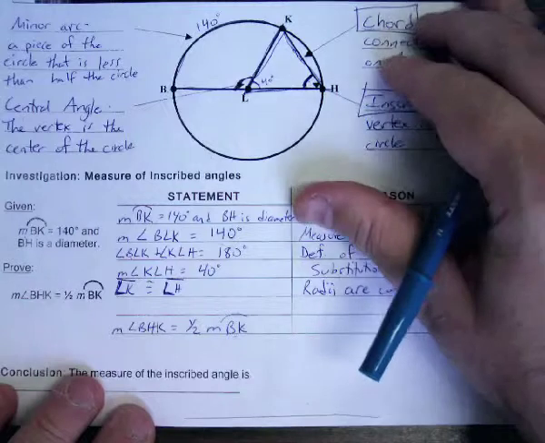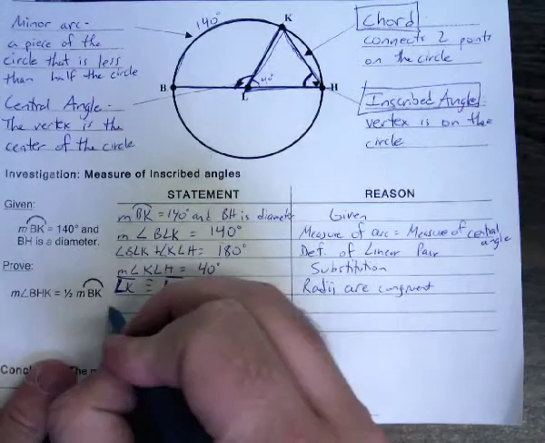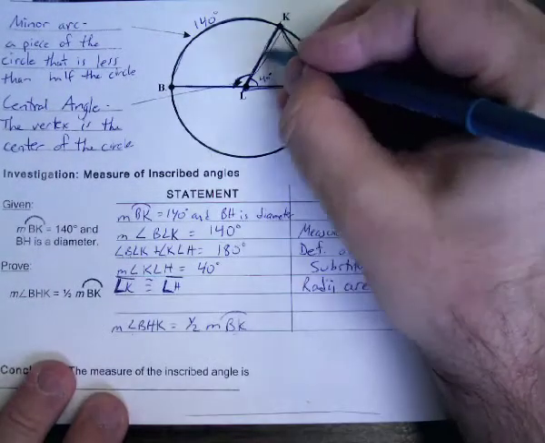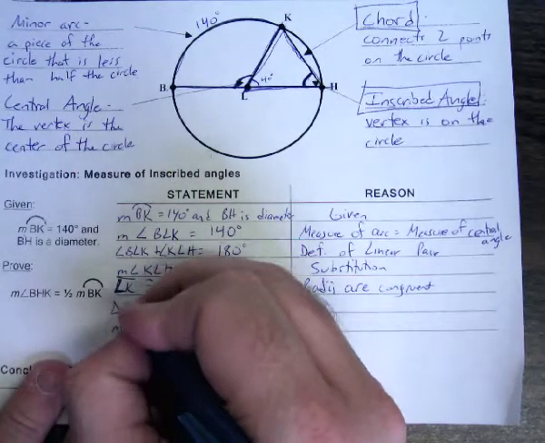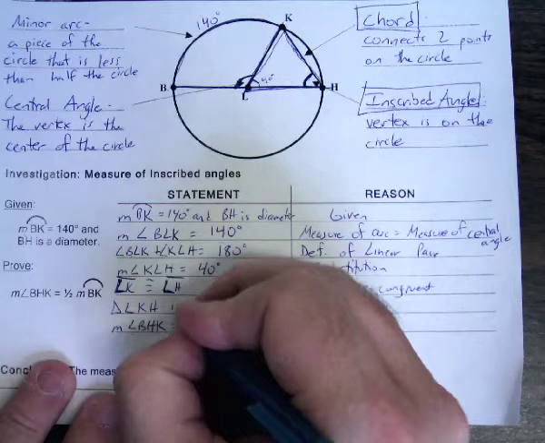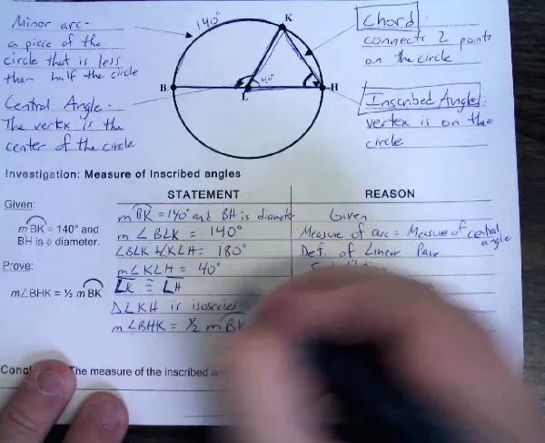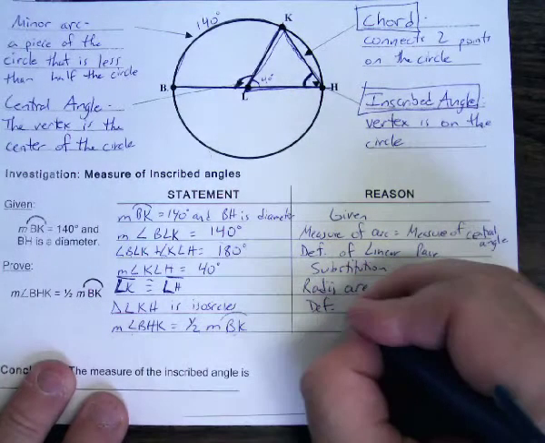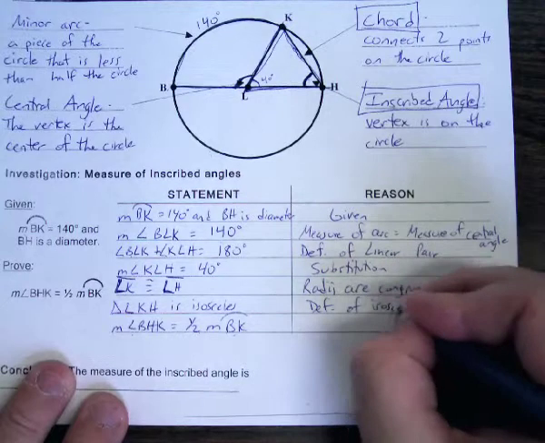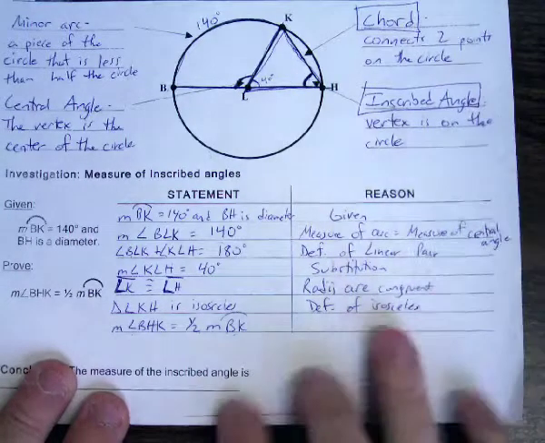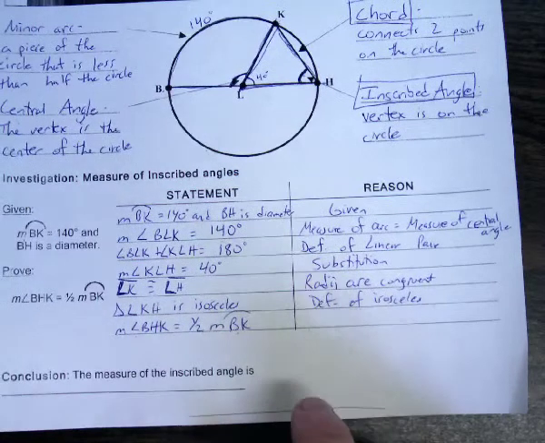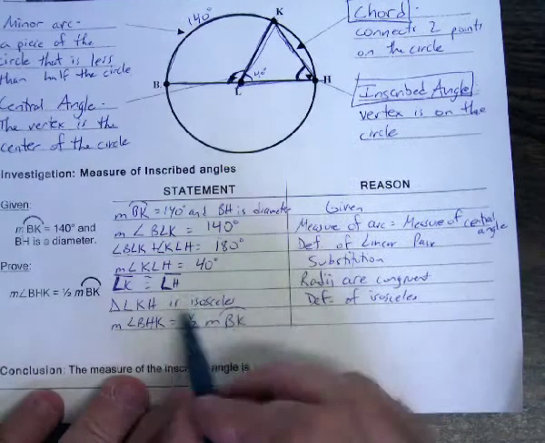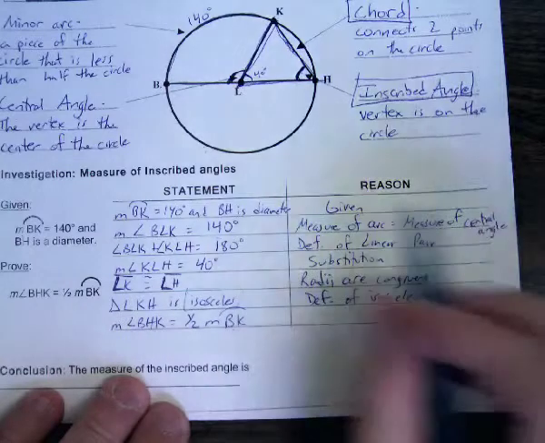All right. And then we know, so we know that this is, let's see, triangle LKH is isosceles. Definition of isosceles. I think we have like 3 more steps to go, so I'm going to put them down here. Now this is important because it's isosceles.